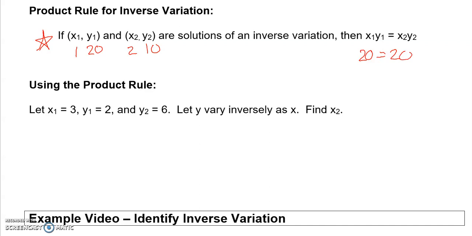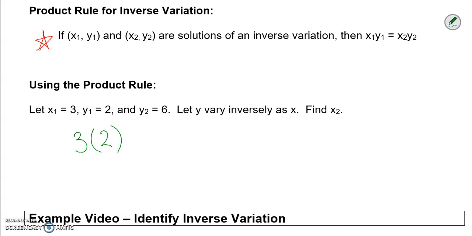Now we're going to use the product rule. We're going to let x1 be 3, y1 be 2, and y2 be 6. We are trying to find x2. We say that y varies inversely as x, so we know this is going to be an inverse variation, and the products are going to equal each other. Let's put that into our product rule.